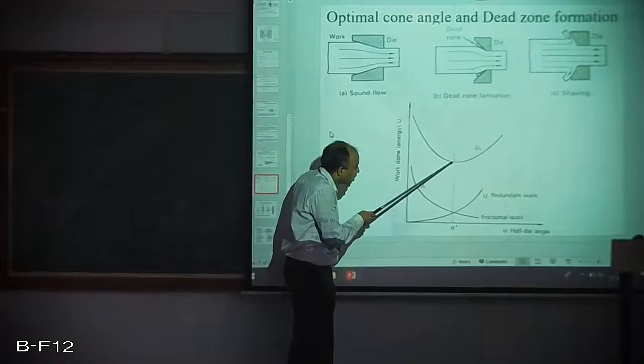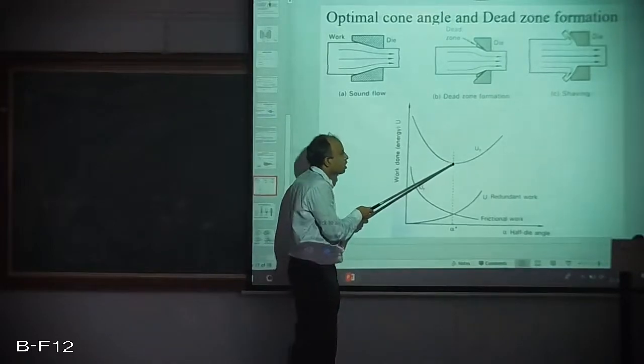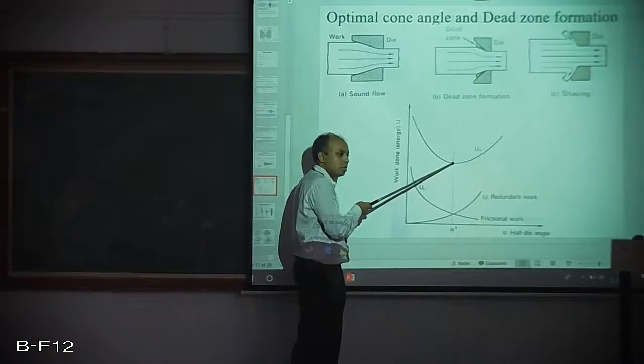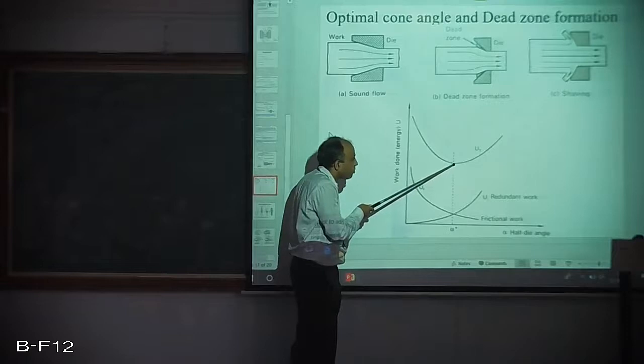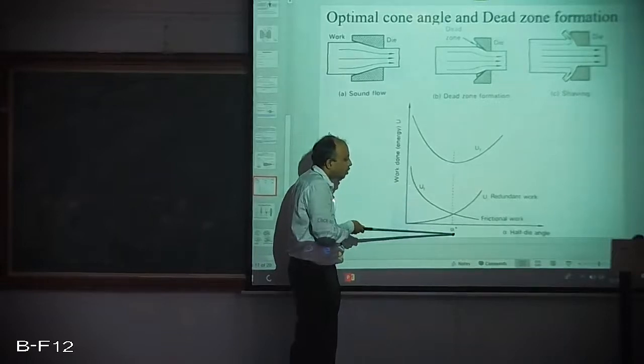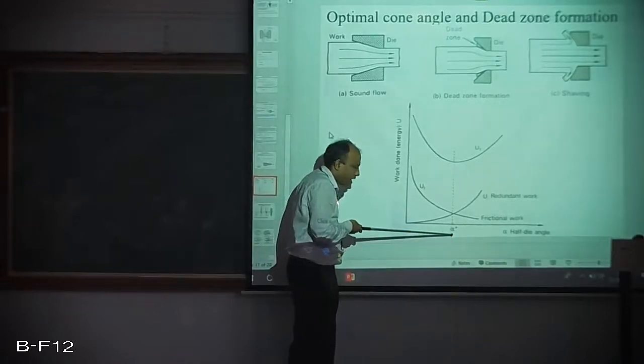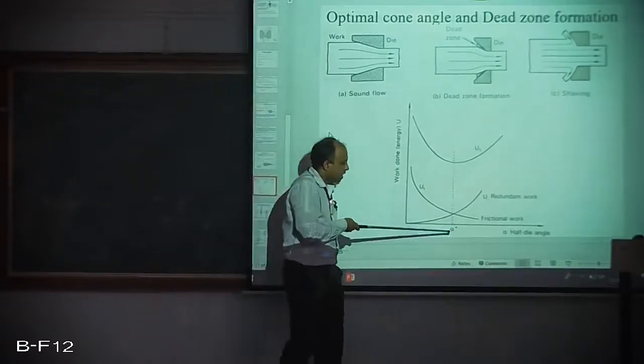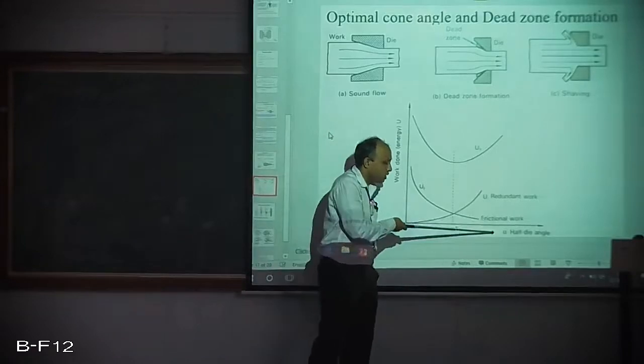And this is what I am trying to get. The least work I need to be doing, means least effort needs to be put to get the drawn product, minimum. So I am trying to find this minimum. When will it be minimum? At an optimum die angle. So the half die angle cannot be too much on the lower side, and cannot be too much on the higher side.